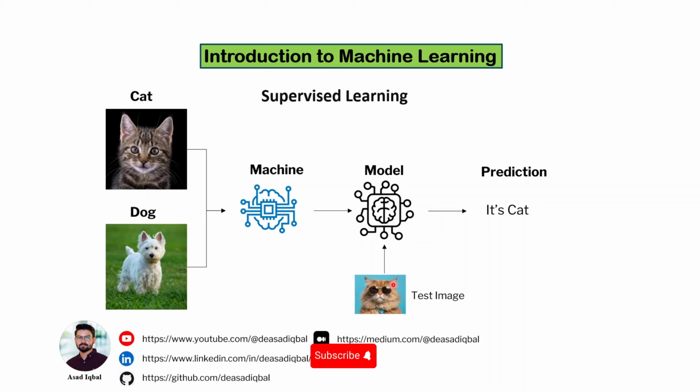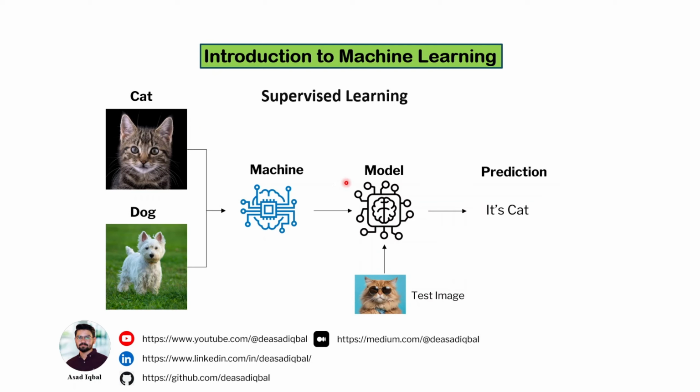In the other case, if we provide the image of a dog, it will check all the features related to the dog. As now we have the image of a cat, after checking all these features it will find this is a cat, put this in the cat category, and return that this is a cat. So this is how a machine identifies objects in supervised learning.